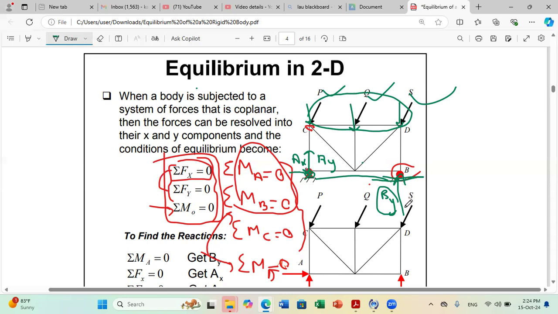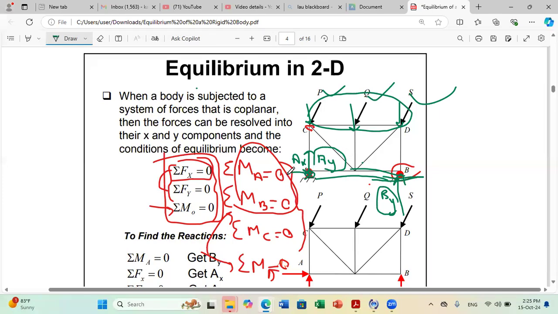Then I use sum of y equals 0, because once I get By, I can solve directly for Ay. And to solve for Ax directly, I do sum of x equals 0, since along x, the only unknown is Ax.